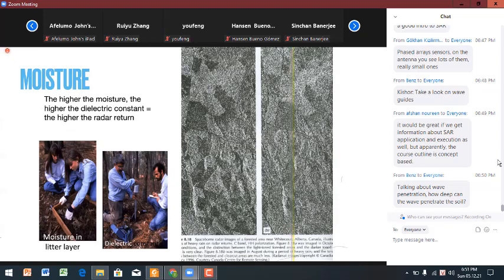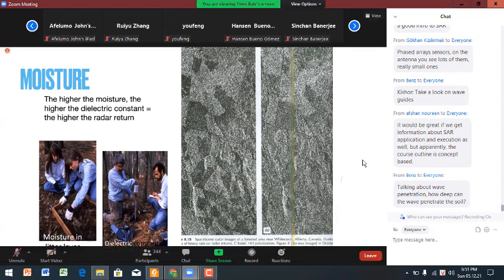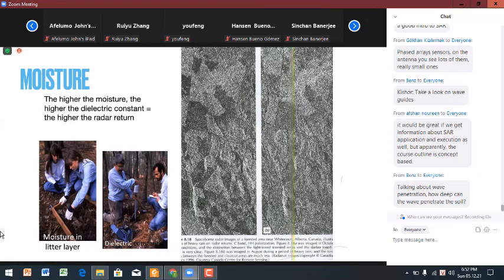When we are talking about nature scenes, it is typically the water in the soil, or the water inside the plant, that is actually reacting with your signal. So the moisture is very, very important, and that can be very good if you're interested in soil moisture.